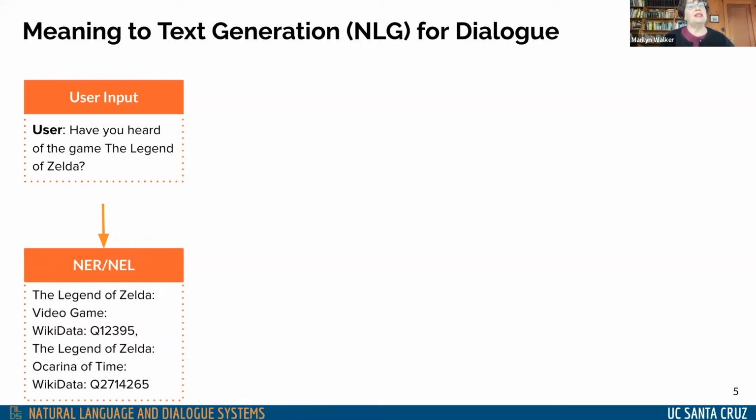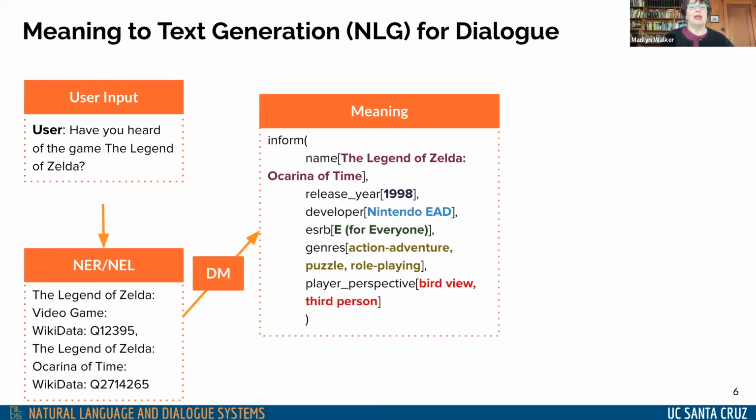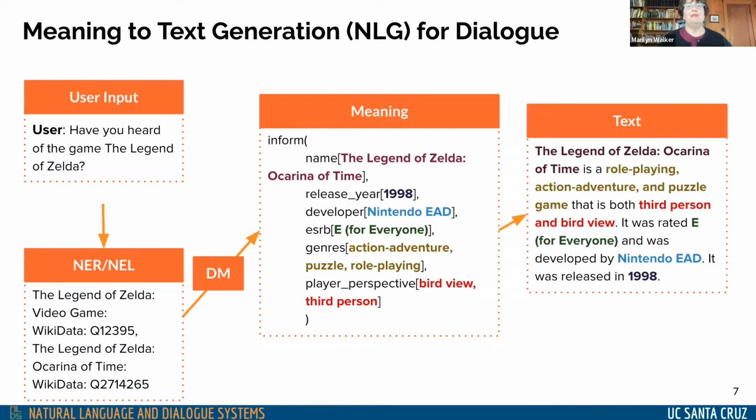It then passes this information along with other natural language understanding results to the dialogue manager, who then decides what dialogue act to generate in the given context. And in this case, it would be an inform dialogue act with a selection of attributes and values that the system wants to say, such as the release year, the developer, and the genres of the game.